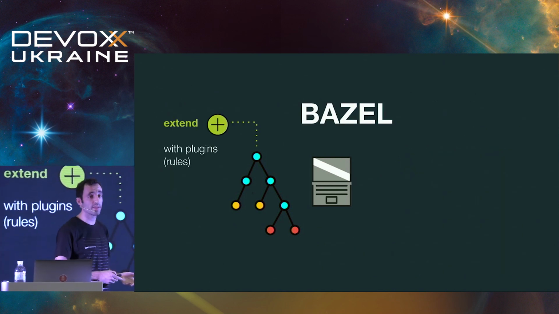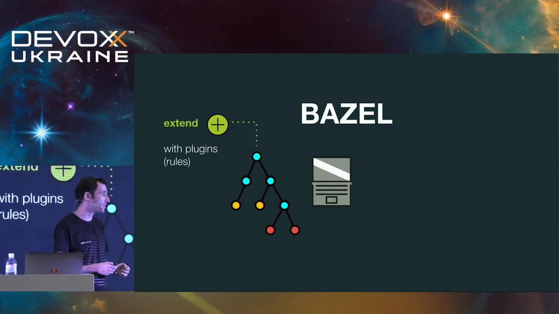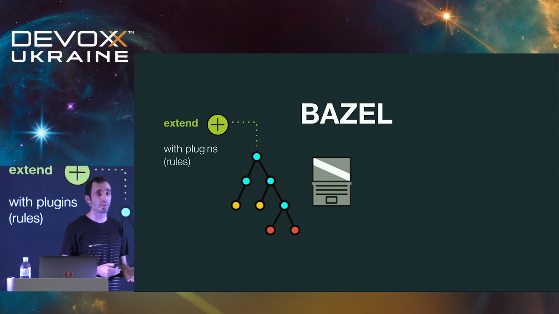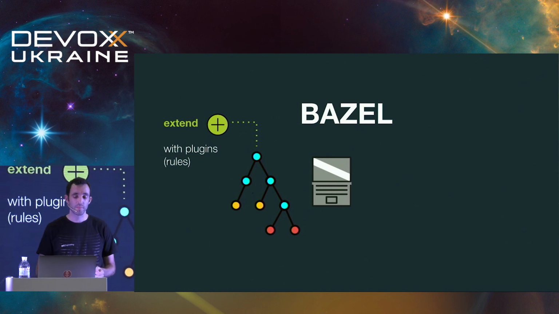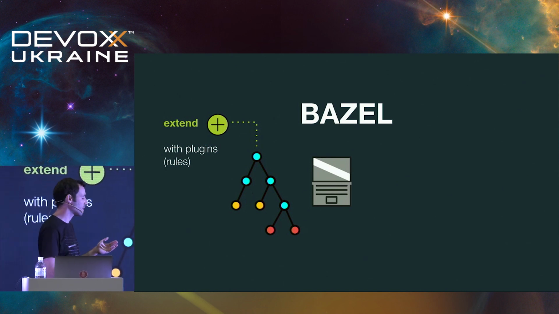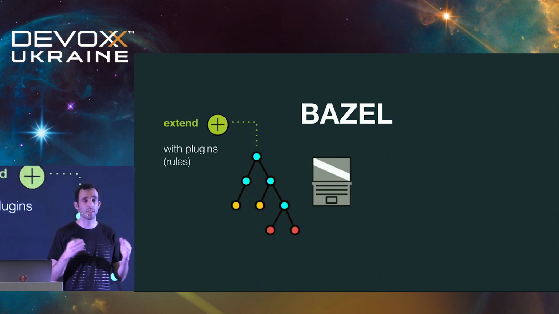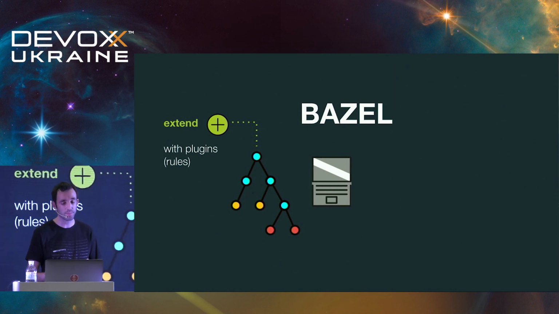Now, as I said, Bazel is a generic platform. That means you can extend it with any type of plugin you want for any language. They're called rules. There are many types of rules written by the open source community around Bazel, which is itself an open source tool.